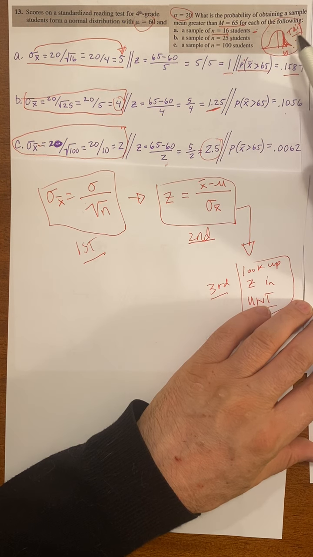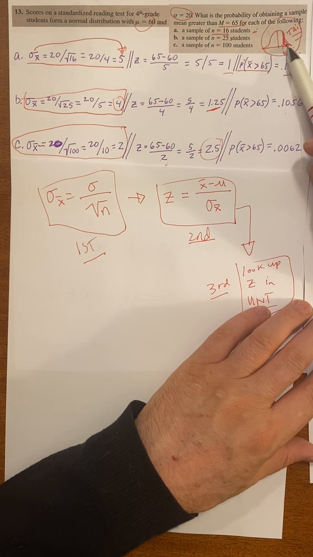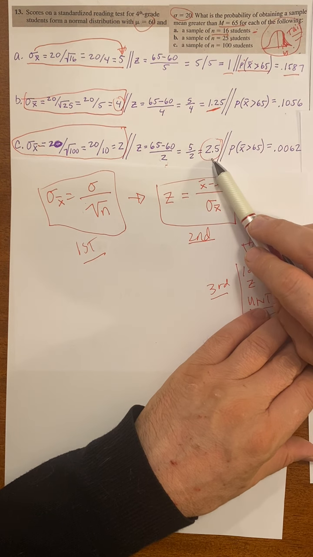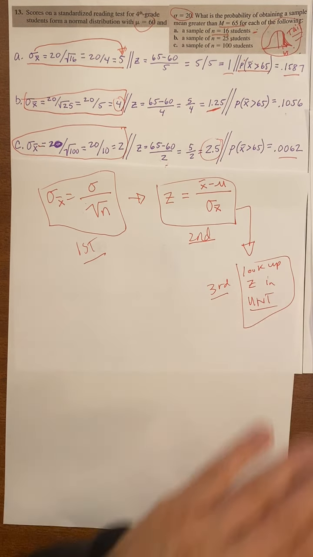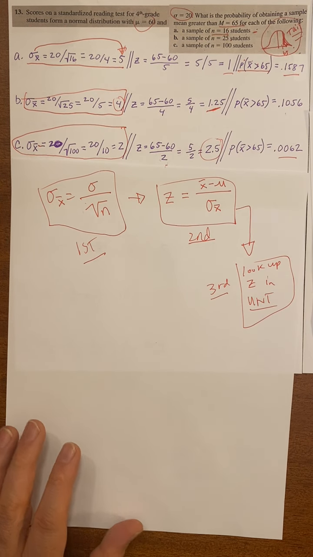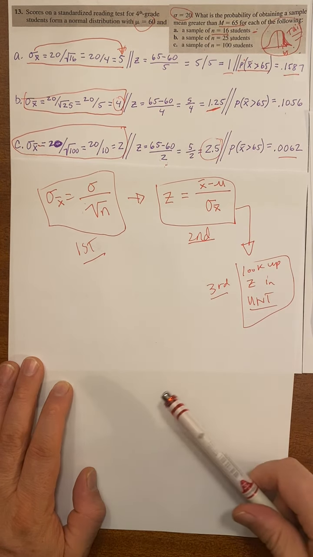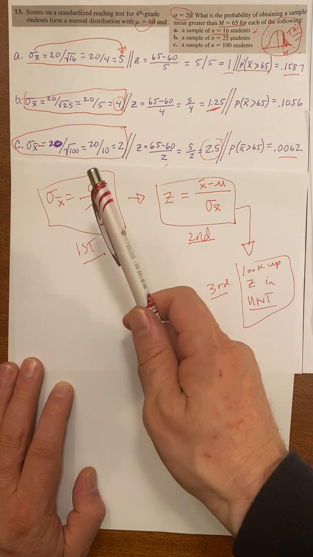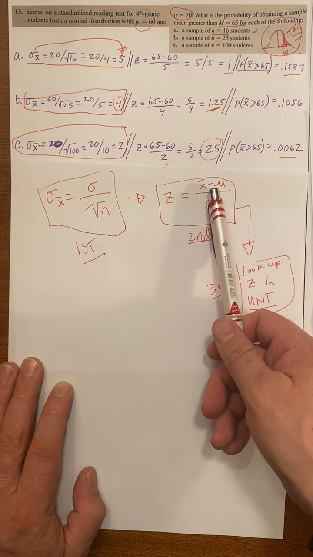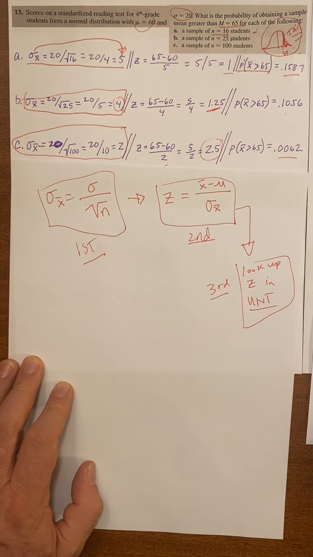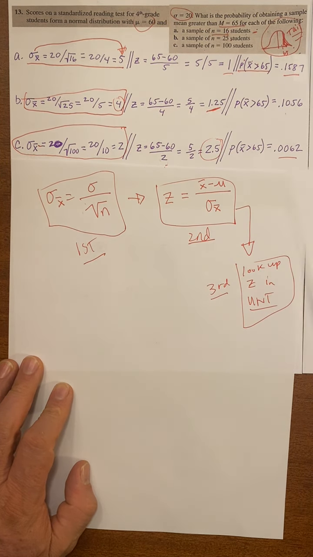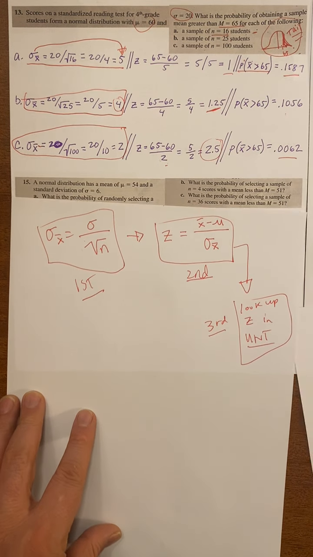We're still looking for the tail of the curve, but now where the z is 2.5, and so that's now going to be this 0.0062. Okay, so main thing to remember here is that you want to see how to do this equation, then this operation. Let's see if that applies in problem number 15.